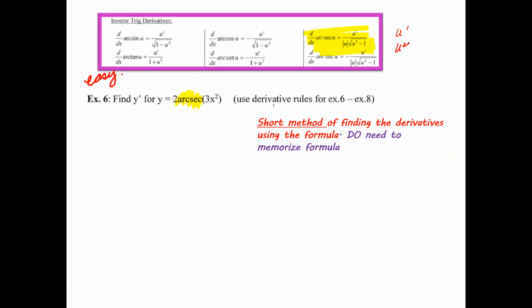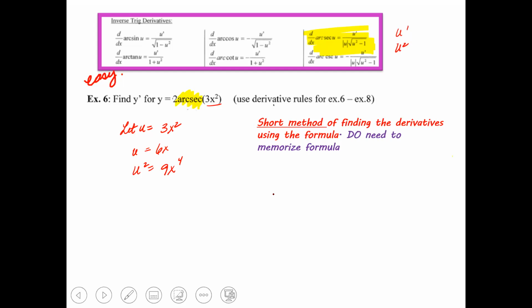So let's give that a try and see, because this one looks extremely ugly if you're going to use the long method. So with that said, we're going to go ahead and try this. So let u, well, obviously your u is 3x squared. Your u prime is going to be 6x, and then your u squared is going to be 9x to the 4th.